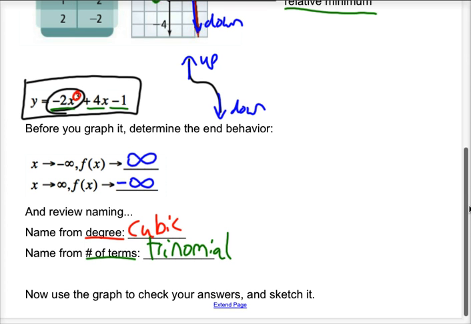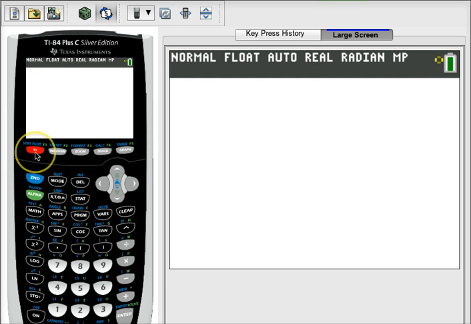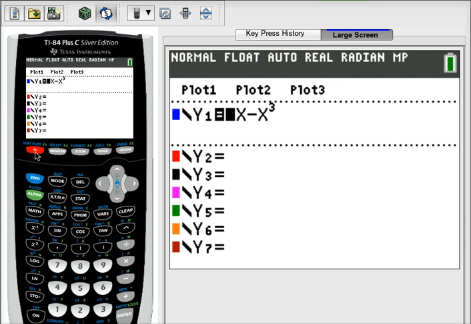Now, let's go and graph this using a calculator so you can see another time just how to use these calculators. So I'm going to go back to the y equals, okay? Now, I already have a function in here, so I'm just going to clear that function out. If you already have a function there, you don't want it anymore, just clear it out.